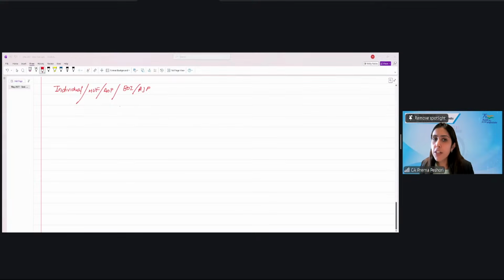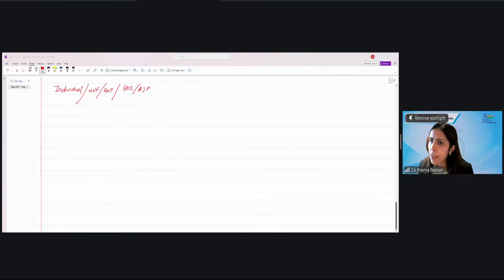And then what is a body of individuals? BOI only consists of individuals. Again, AOP and BOI are more or less the same, where people come together for a common purpose to earn income collectively. But BOI is basically a body of individuals. It can only have individuals. For example, some club is formed. All the members come together for forming a club to, let's say, have a gym.